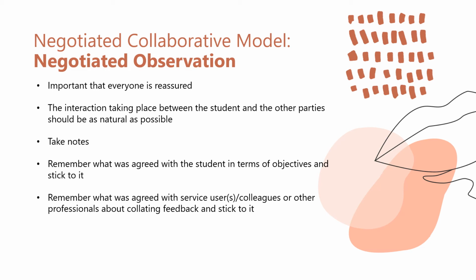And also, you've got to remember to ensure that feedback is taken from either service users or colleagues or other professionals, and what that will look like. So you should have gotten in touch with them beforehand as part of preparing for the direct observation to say that you will be taking feedback.